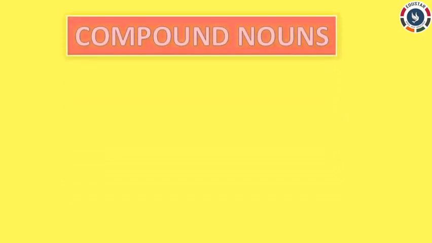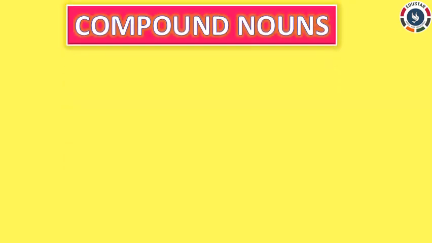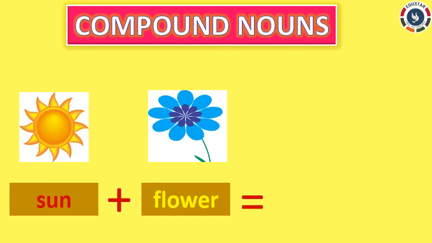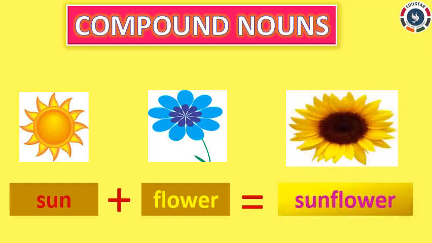Now, let us go to the next topic of how to form plural nouns with compound nouns. Now tell me, what is a compound noun? When two words are combined together to make a new word, then it is called a compound noun or a compound word.